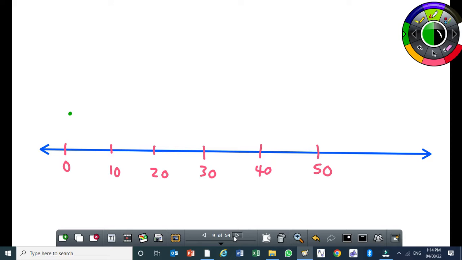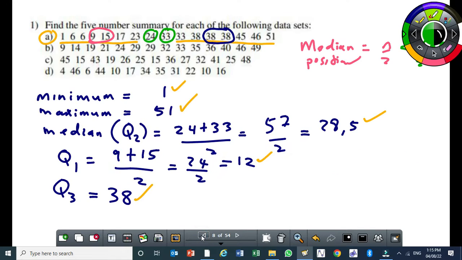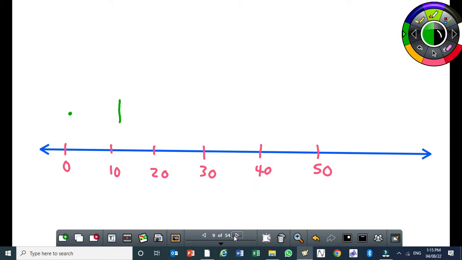Then the maximum and minimum are going to be part of the whiskers. So I'm going to draw a vertical line. Now this vertical line here will represent the position of the lower quartile. Then let me identify my Q2, it's 28,5. So if I go to 30 and then move to the left of 30, I'm going to approximate it, so it will be somewhere there.